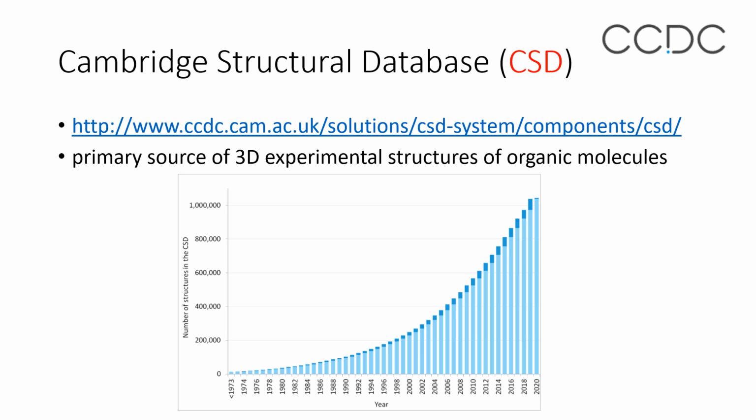The files with the 3D structures are available at the given address, and you can see the number of organic molecules contained in this database. This year, it's more than 1 million compounds or structures. This database started 20 years earlier than the Protein Data Bank.